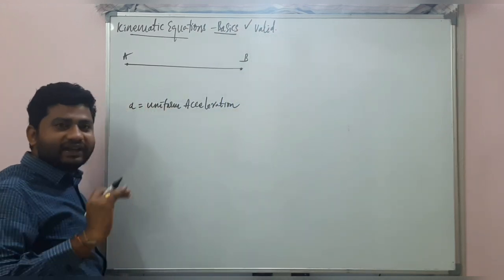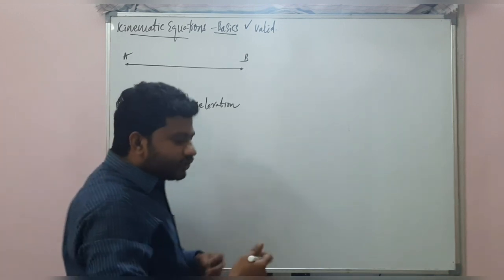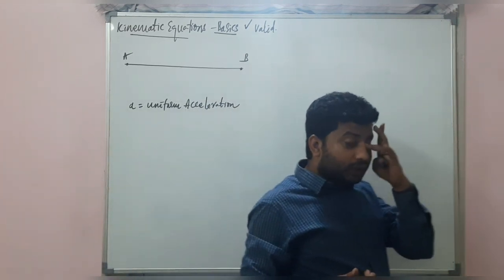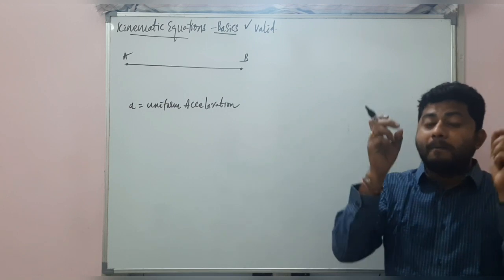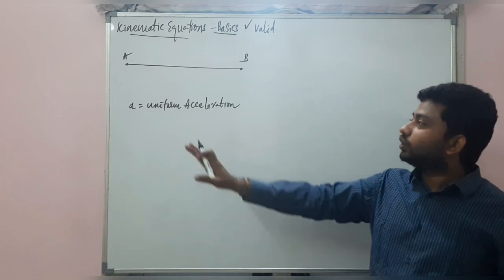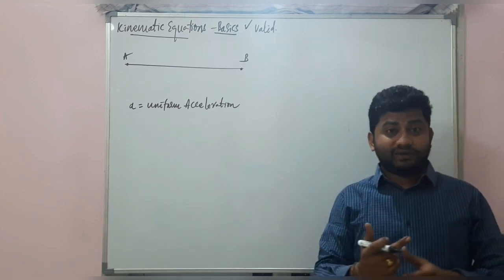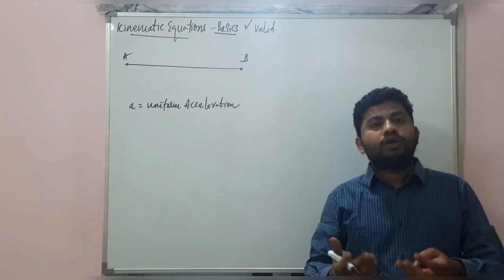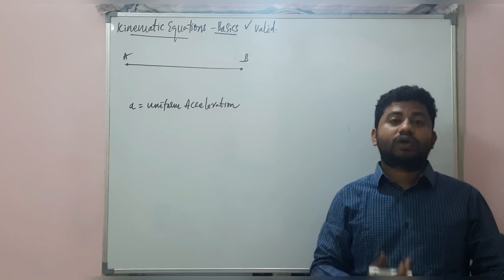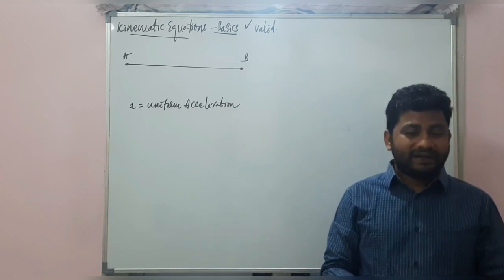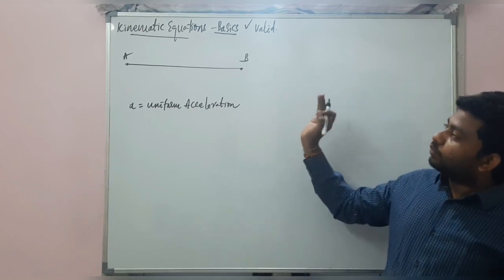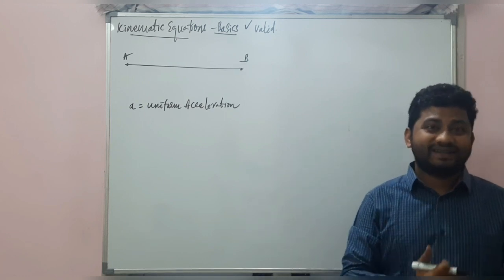Otherwise, they are invalid. Remember, to use the kinematic equations, the one and only condition is the body must be moving with uniform acceleration. Uniform acceleration means constant acceleration, or uniform deceleration, or constant deceleration.